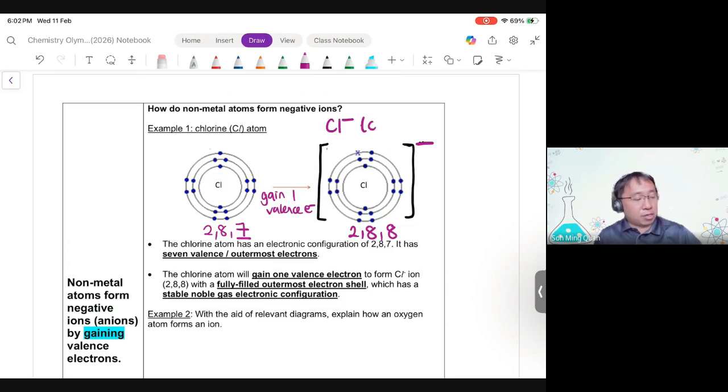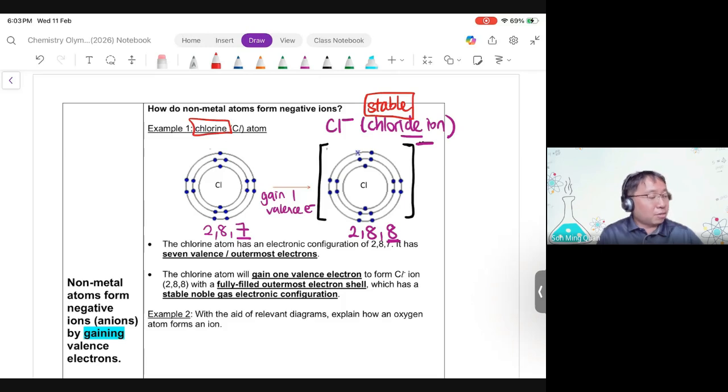Now, Cl- is called chloride ion. Chloride ion is Cl-. Chloride is not the same as chlorine because chloride is after it has gained an electron. After it has gained an electron, it has a fully filled outermost shell. So chloride is stable.